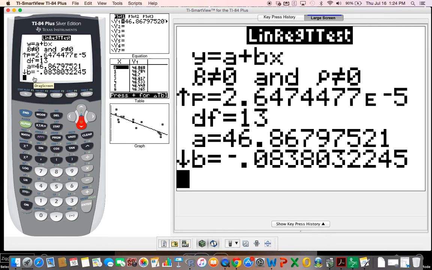So guys, from our calculator, we can see that the a value equals 46.87, and the b value is equal to negative 0.084.